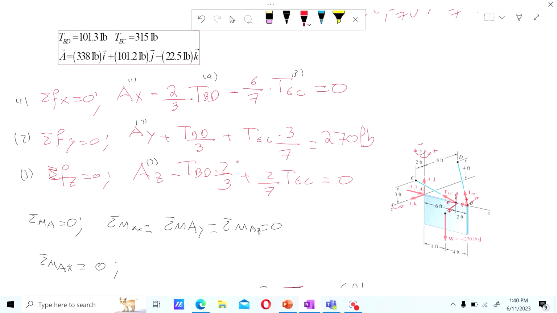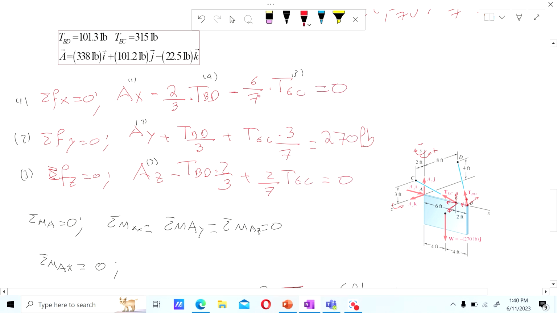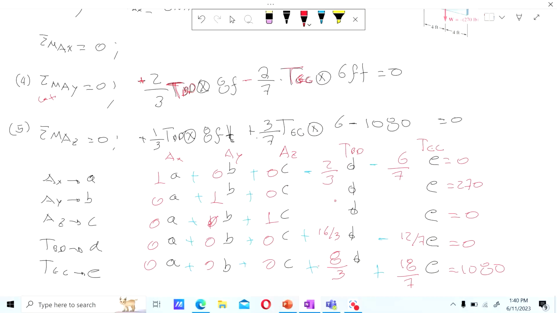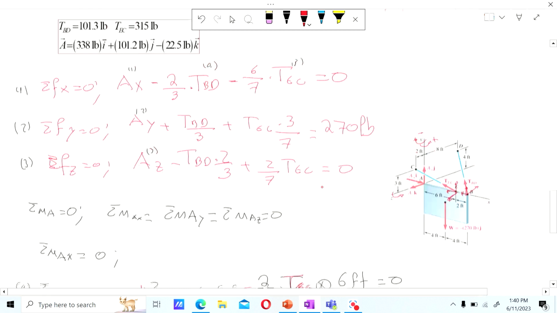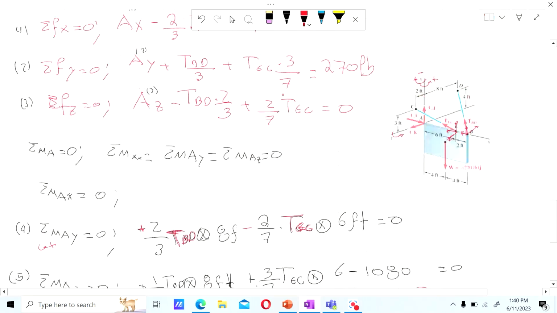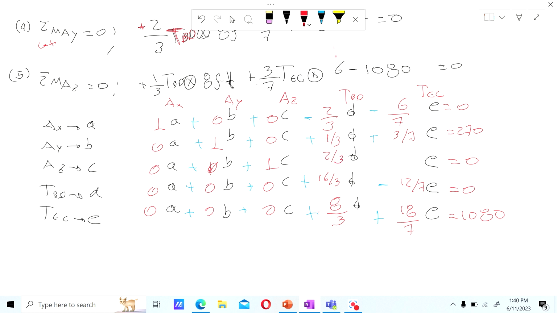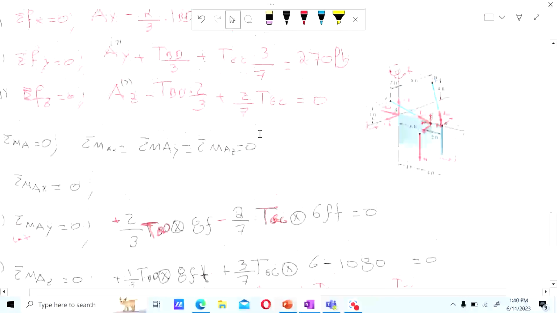It's positive 1/3 and positive 3 over 7, so plus, plus. And equation 3, with respect to z, is negative 2/3 and positive 2 over 7.